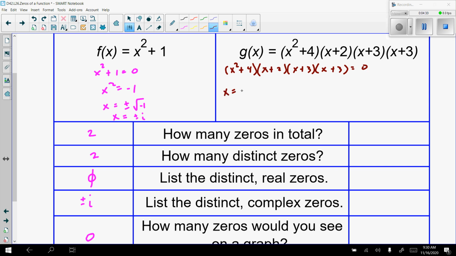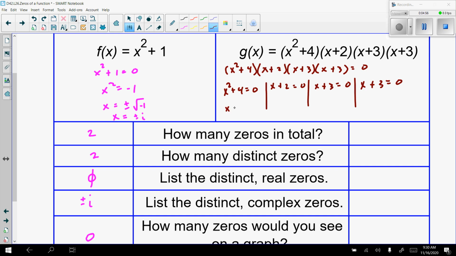I'll go ahead and just show the work just to be on the safe side. x squared plus 4 equals 0, x plus 2 equals 0, x plus 3 equals 0, and also x plus 3 again equals 0.